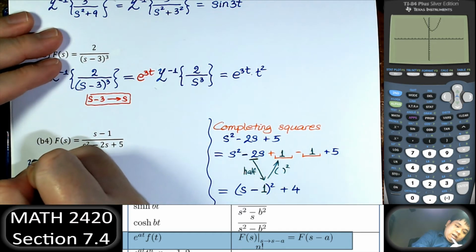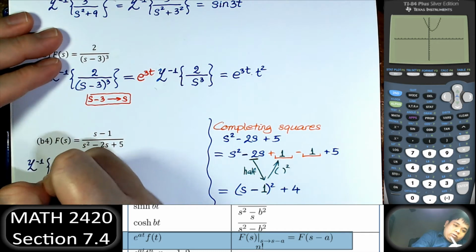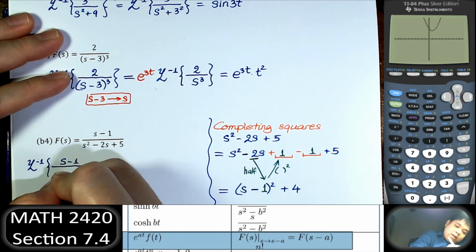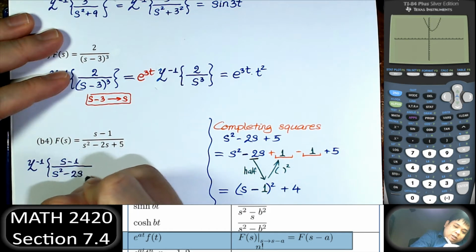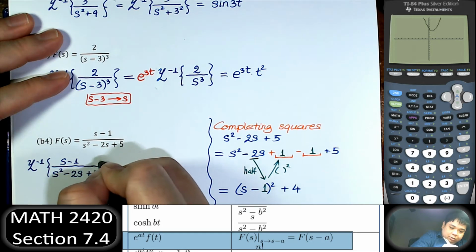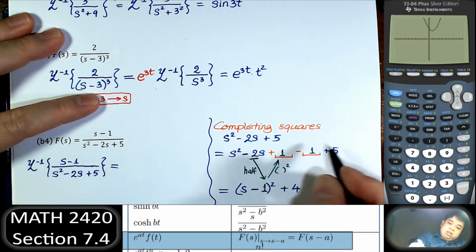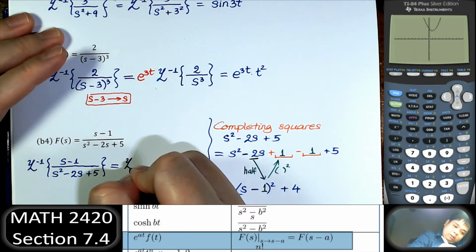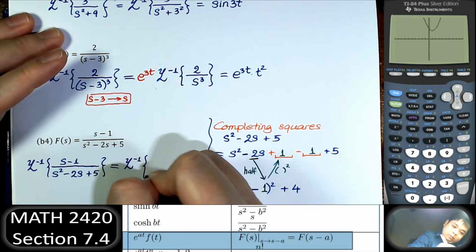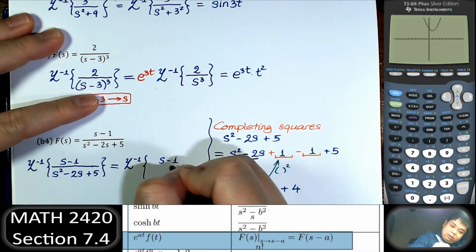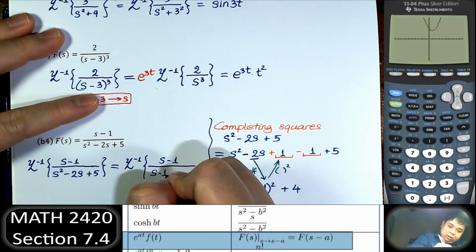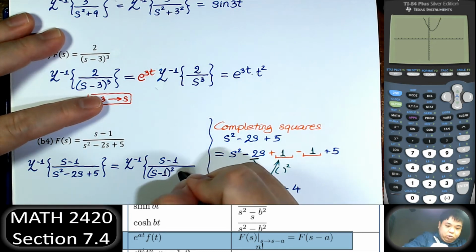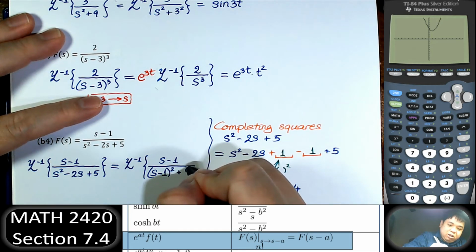So now we find the inverse Laplace transform of s minus 1 over s squared minus 2s plus 5. First, completing the square, s squared minus 2s plus 5 becomes s minus 1 squared plus 4. 4 is going to be 2 squared, just plus 4 for now.